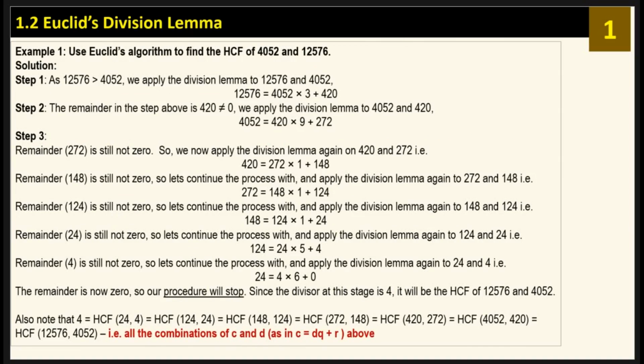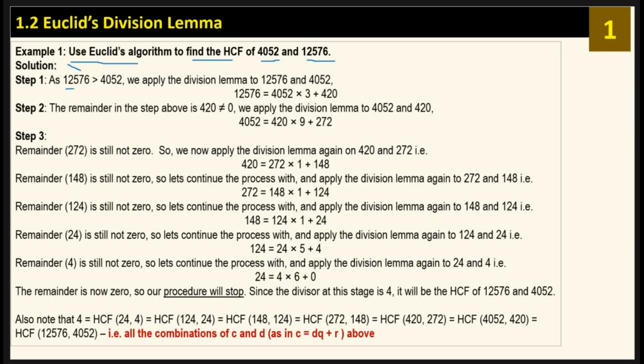This is example 1 from the textbook, and it asks us to use Euclid's algorithm to find the HCF of 4052 and 12576. Let's take the first steps to solve this.